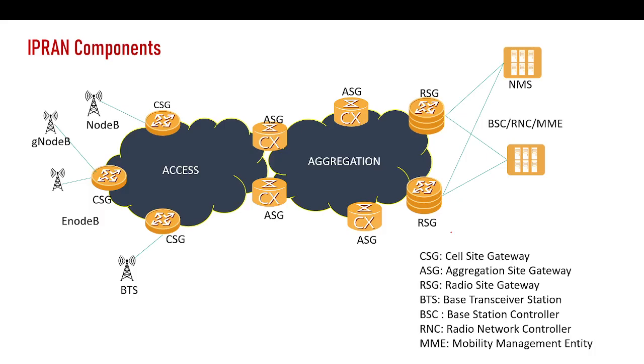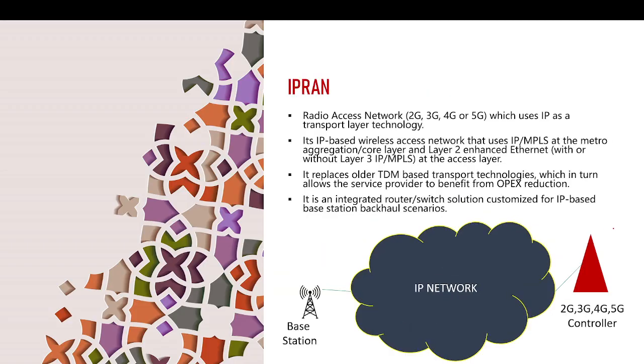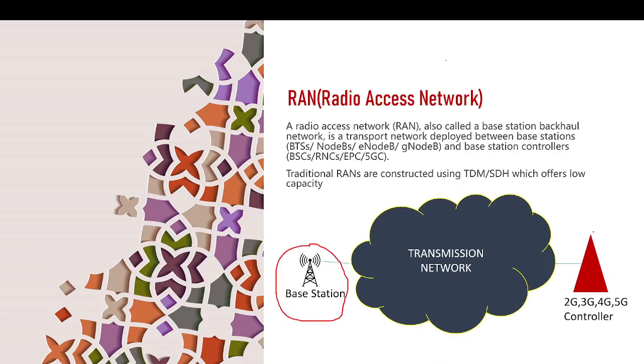Then we have different controllers for different access technologies: the BSC, the RNC, the EPC, and many other nodes. When we are talking of the radio access network, we are just focusing on this part.